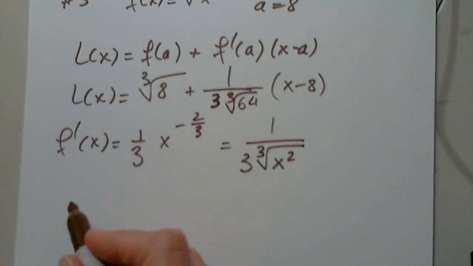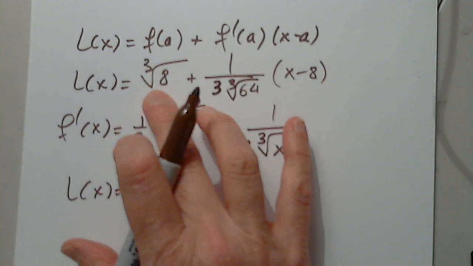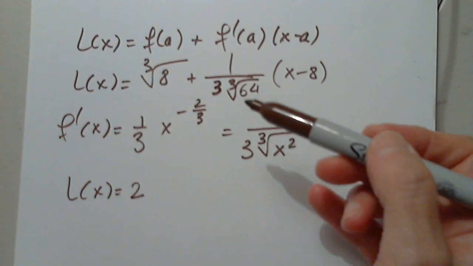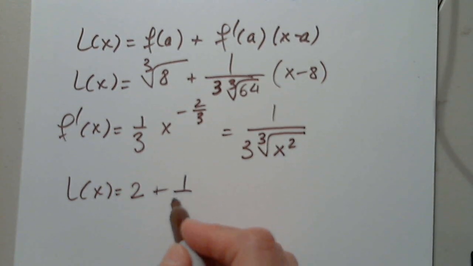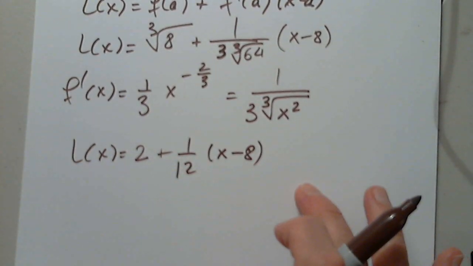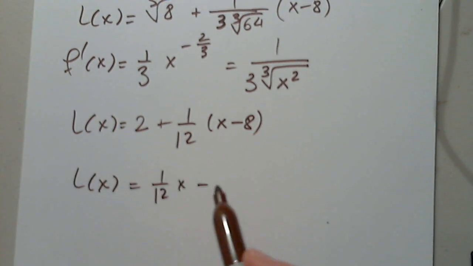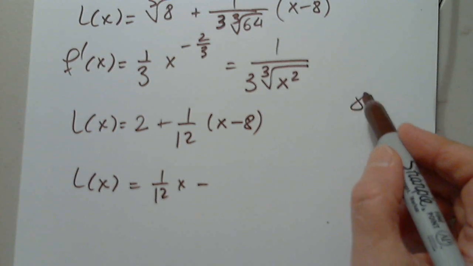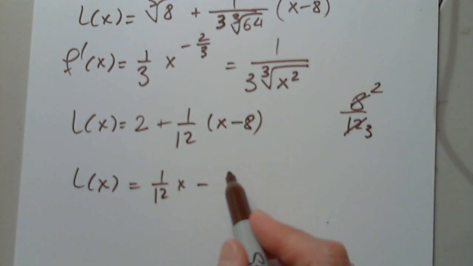I'll simplify everything. So this has to be a line. The cube root of 8 is 2. The cube root of 64 is 4, times 1/3, is 1/12. I will distribute: 1/12 x minus 8/12. 8/12, when you simplify by 4, you get 2/3.